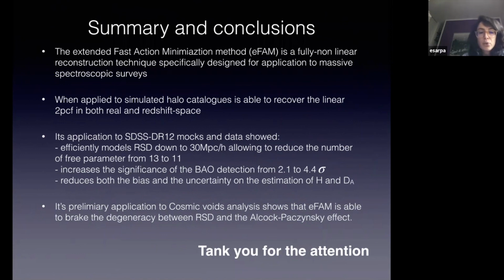Its application to SDSS DR12 MOCs and data shows that eFAM can efficiently model RSDs down to 30 megaparsec scale, allowing us to reduce the number of free parameters from 13 to 11. It also allows us to increase the significance of the detection from 2.1 to 4.4 sigma, and to reduce both the bias and the uncertainty on the estimation of both H and the angular diameter distance. Its preliminary application to cosmic voids shows that eFAM is able to break the degeneracy between RSDs and Alcock-Paczynski.